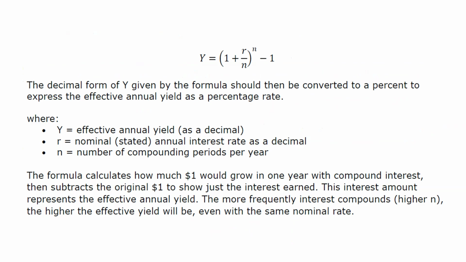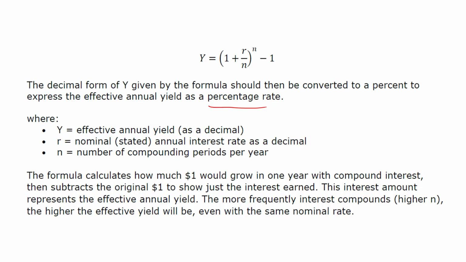Now, the decimal form of Y given by the formula should then be converted to a percent to express the effective annual yield as a percentage rate. So Y is a rate, which means it must be expressed as a percent. Y is the effective annual yield, R is the annual interest rate, and N is the number of compounding periods per year.